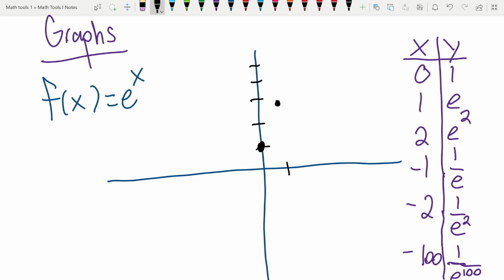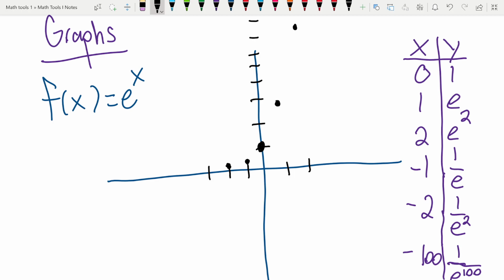Let's say 4, 5, 6, 7, 8. So at 2, e squared would be about right there. So -1, -2, -3. At -1, we have 1 over e. So again, between 1/2 and 1/3, like right there.